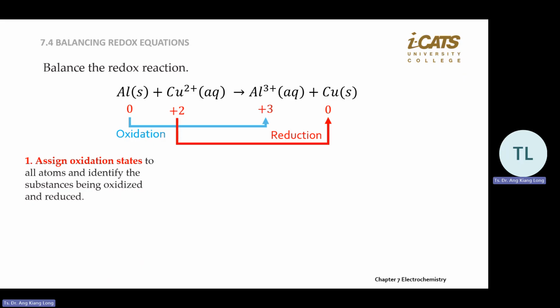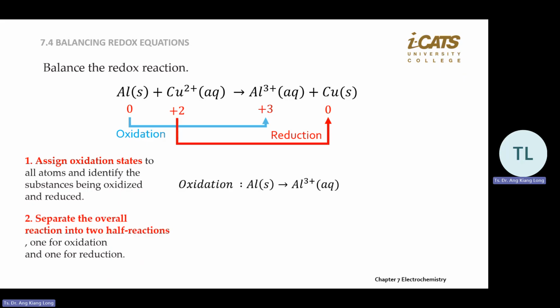Okay, once you have this, then second step, if your question asks you to balance something, you continue. Copy the half equations: write the oxidation half equation and the reduction half equation, copied from the blue arrow and red arrow reactions.